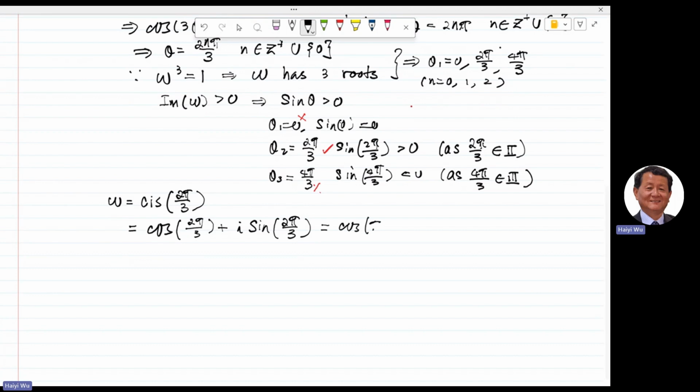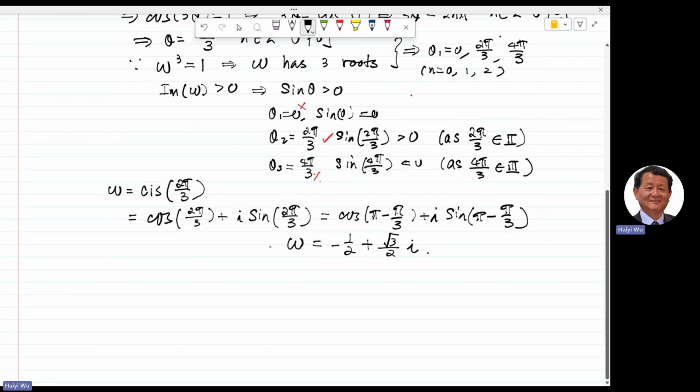Cosine 2 pi over 3 is cosine of pi minus pi over 3. So let's finish off. That's negative half plus sine pi over 3 is positive square root 3 divided by 2 i. So that's my omega.